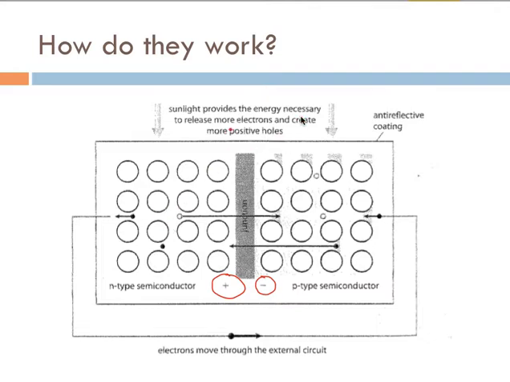The sunlight provides the energy to free up those electrons. This process is going to continue as long as there is sunlight to create those holes and the movement of the electrons.